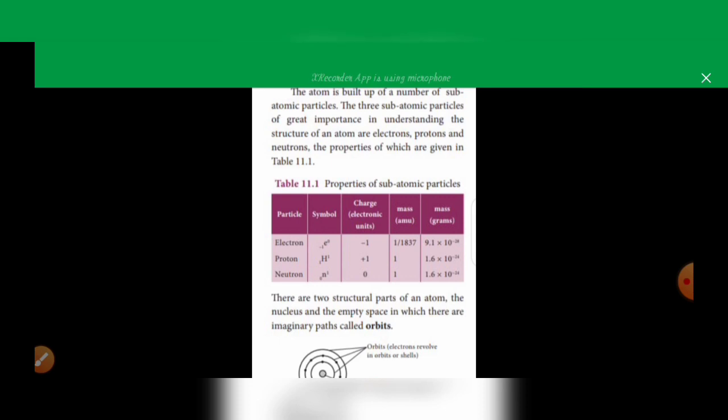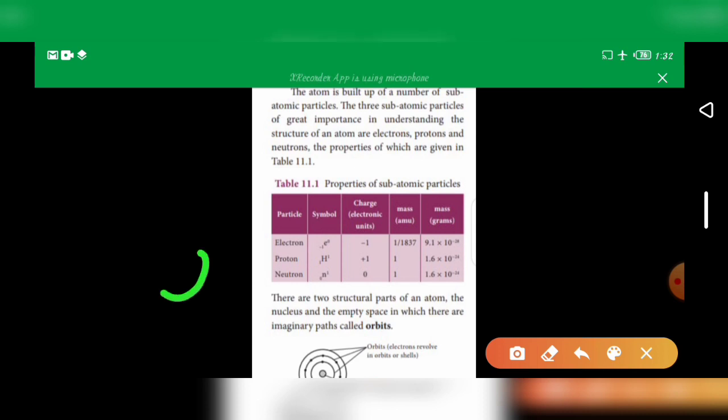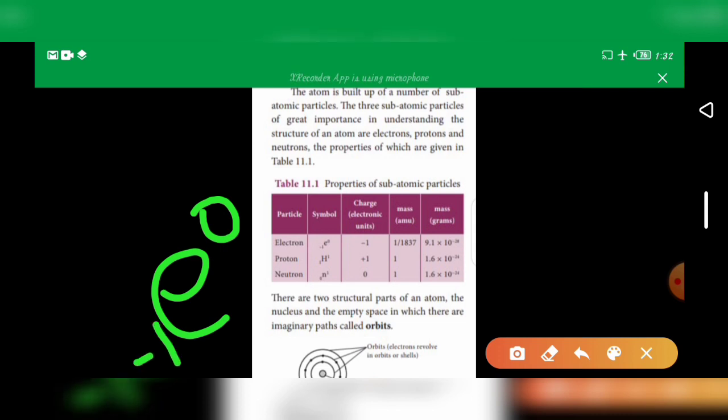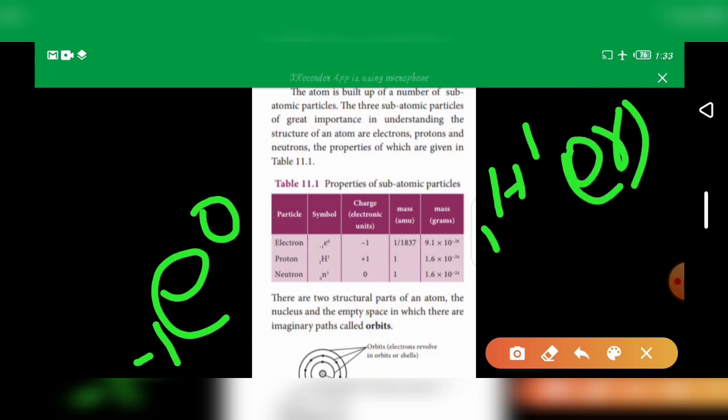Okay, first we go to electron. Electron we will write as e, its mass is 0 and its charge is -1. The proton, the symbol is H, 1, or it can be written as P. Next, neutron, it will be written as N, 1, 0.